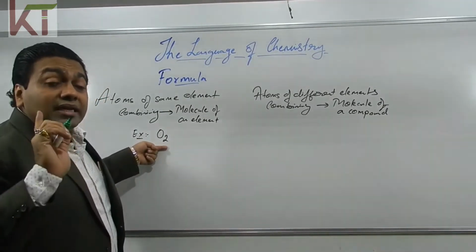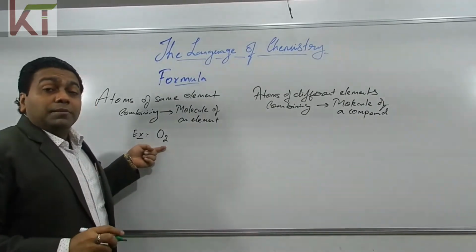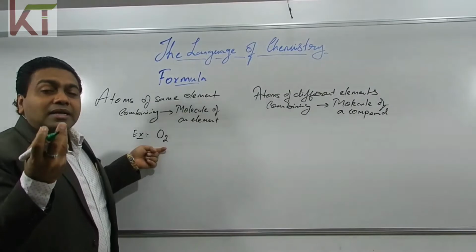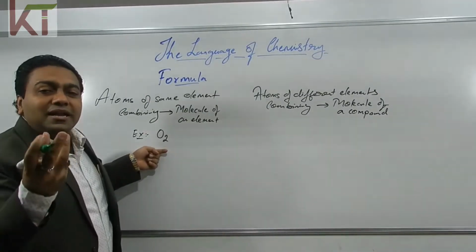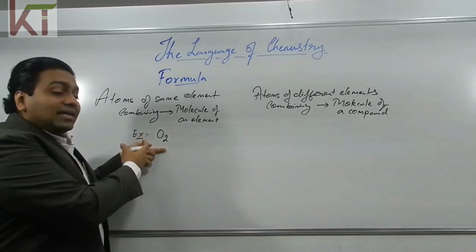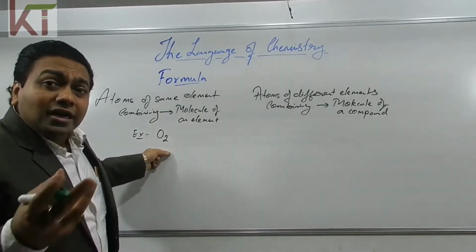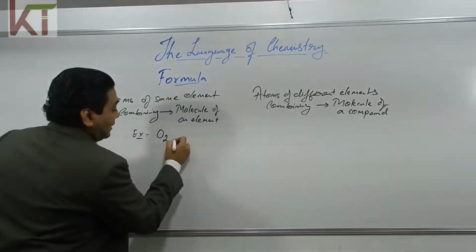The chemical symbol is O, but the molecular formula is O2 because an oxygen atom cannot exist independently on its own. It will always be in a combined form, either in the form of O2 or in the form of O3, that's ozone, a triatomic molecule that we have seen.